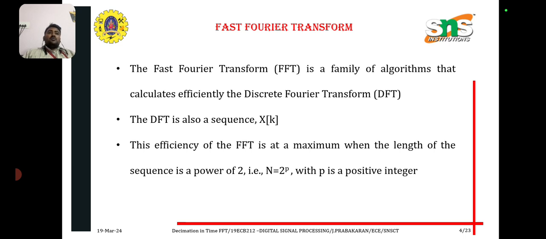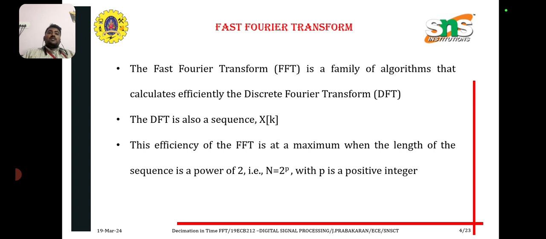The DIT algorithm divides the input sequence in the time domain, while the DIF algorithm divides in the frequency domain.